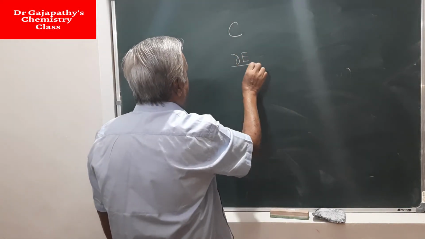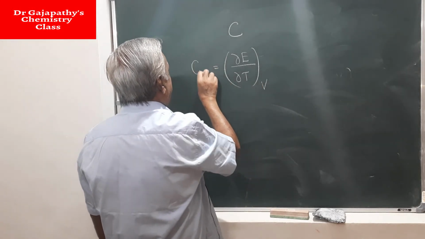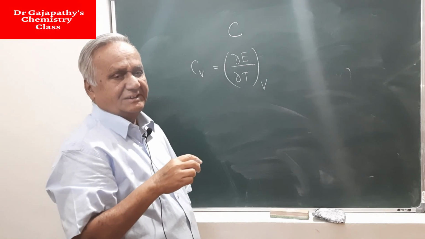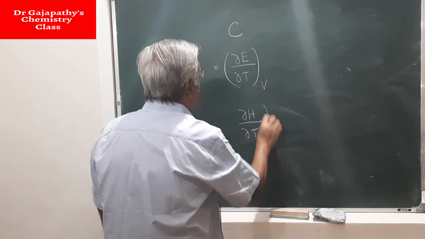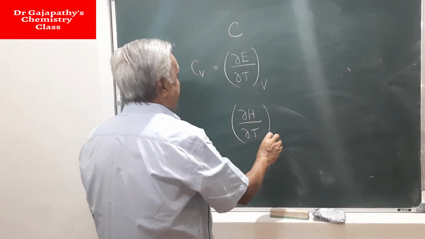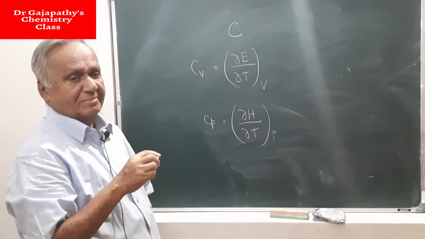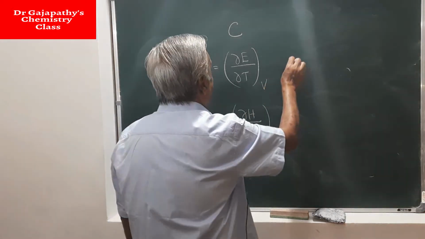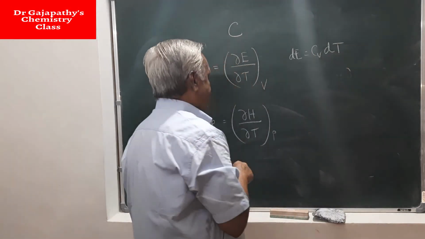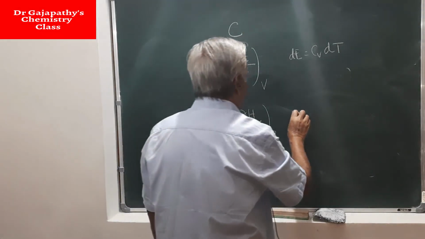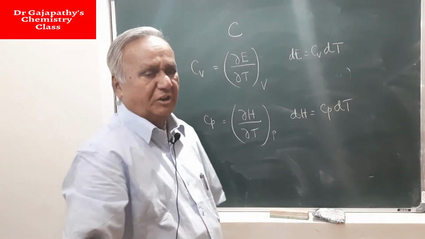Energy required to increase the temperature by 1 degree at constant volume, I call it Cv. Enthalpy required to increase the temperature by 1 degree at constant pressure, this is called Cp. So from this I can even write dE equal to Cv into dT and dH equal to Cp into dT.